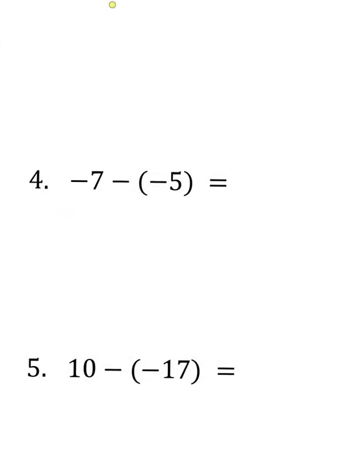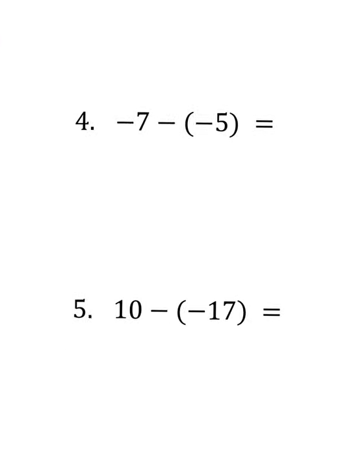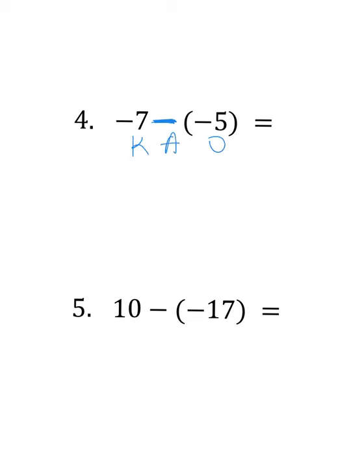Number 4. Are they the same side or different side? Oh, not yet. We need to convert subtraction to addition. Because this is subtraction, I need to convert to addition. KAO. Keep the first number, change subtraction to addition.